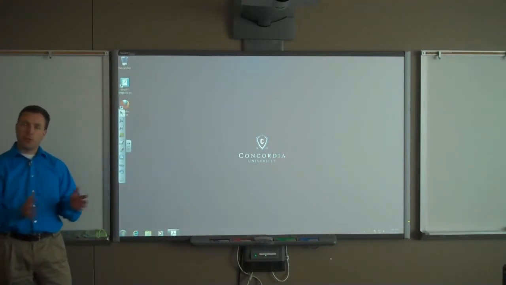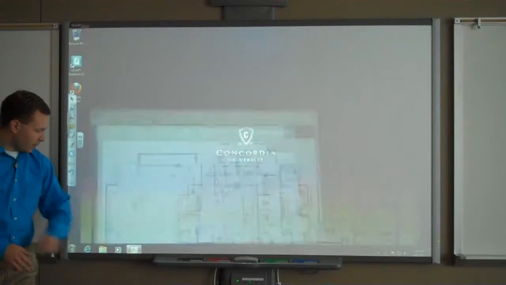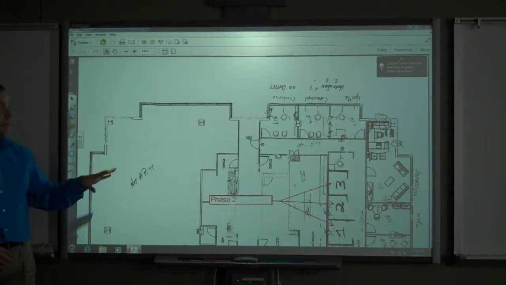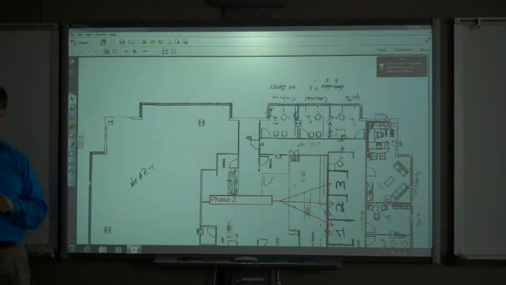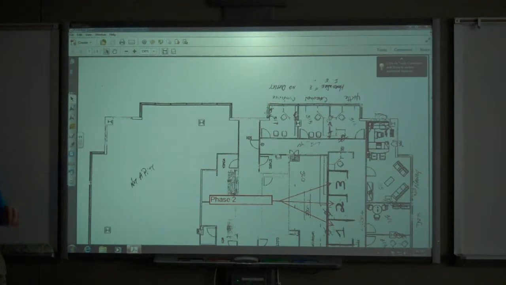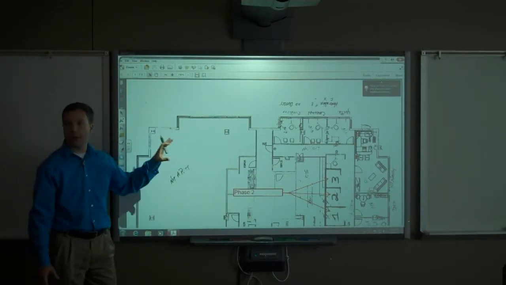So the difference between an ink-aware application and a non-ink-aware application, I'll demonstrate here. This is an Adobe Acrobat document of a rough drawing of a floor plan. And in this case, since it's not an ink-aware application, I cannot pick up the pen and draw right on this Adobe Acrobat document.